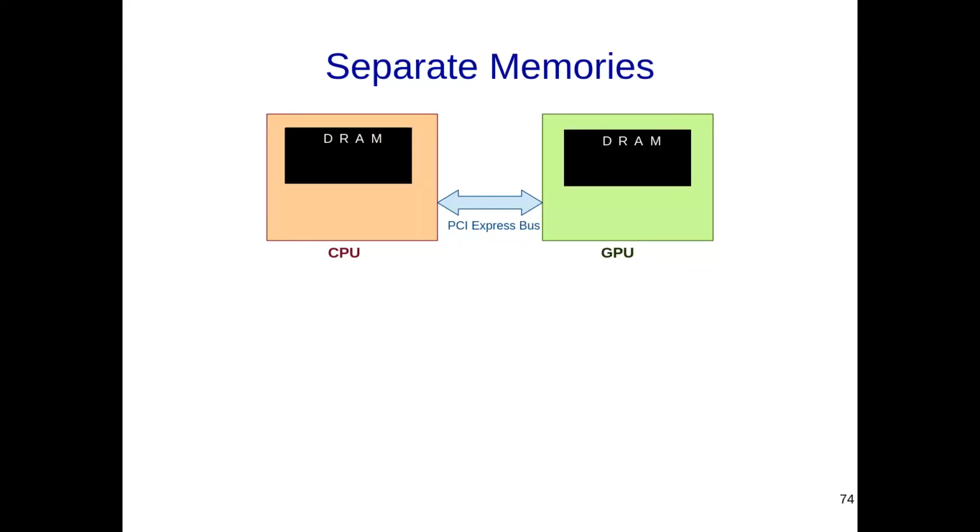So if you want to attend a seminar in room number 25, you need to know which building's room number 25 I am talking about. In a similar manner, if I am accessing something on the GPU, thinking that the address is the same as I was obtaining from the CPU, that is not going to work. We'll have to copy that data into the GPU memory and vice versa.